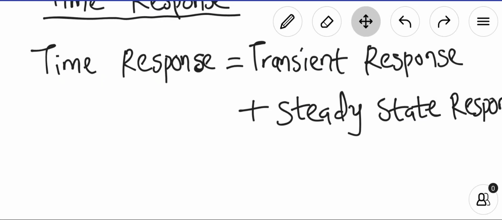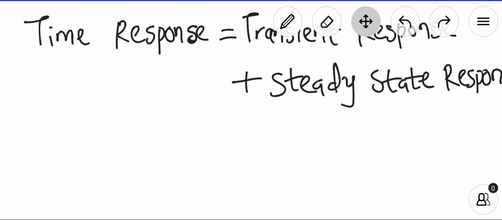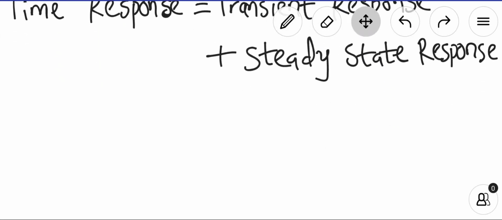For transient states, I would say the oscillation varies, but for steady state it is constant. That's what I can say. It's constant.